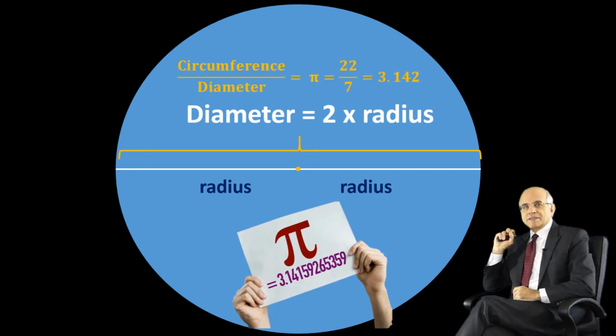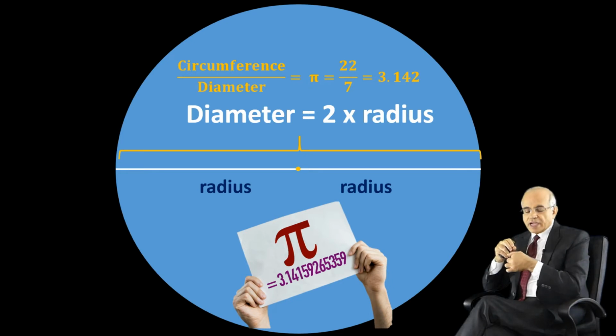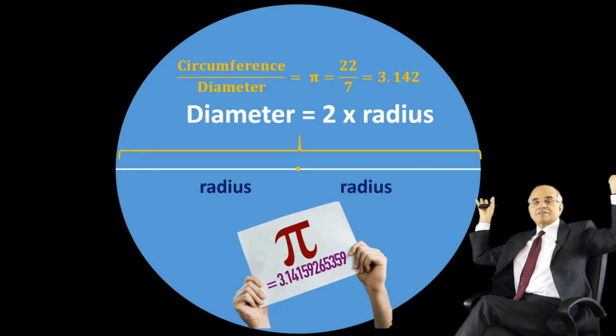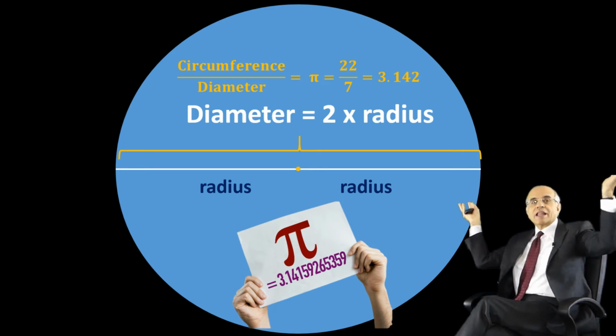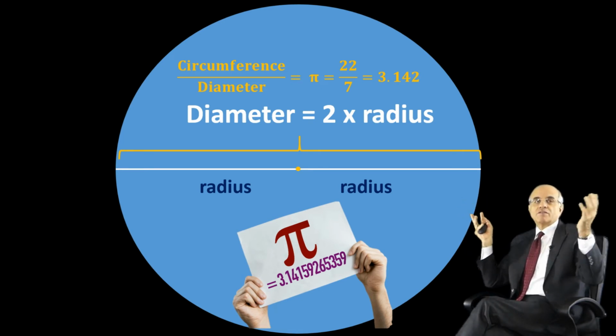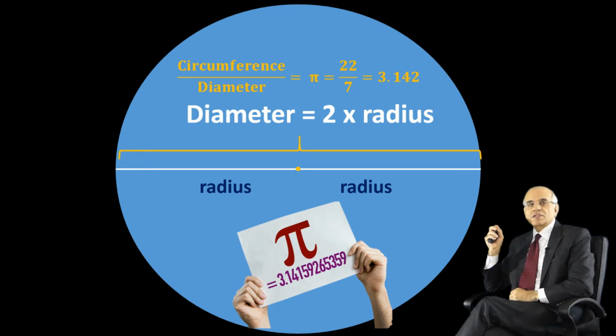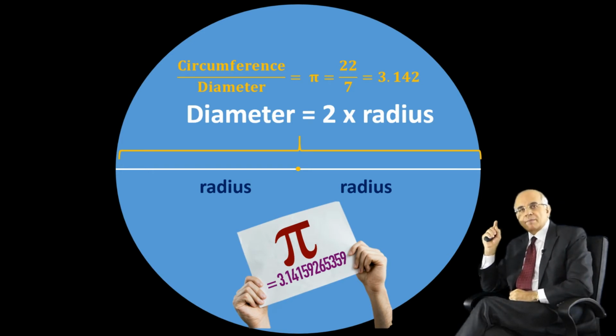Now here's what's amazing. If you take any circle, even a very tiny circle that you can't even see with your own eyes, or a circle as big as the whole solar system or the whole galaxy, or as big as the whole universe, it doesn't matter. All circles have one amazing single property. And what is that?